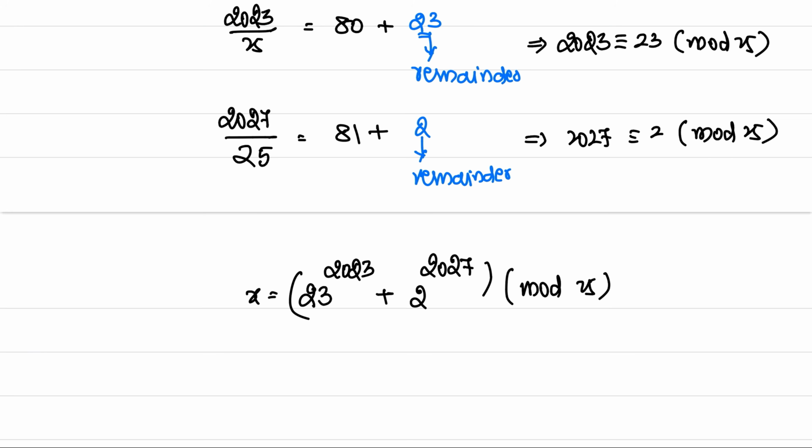For mod 25, x is equivalent to... Now we have to find out 23 to the power of 2023 mod 25 and 2 to the power of 2027 mod 25. These two values we have to find out.